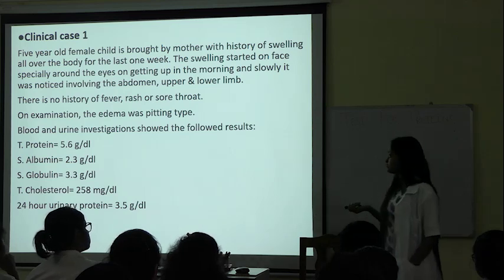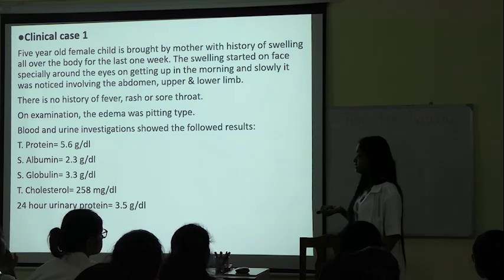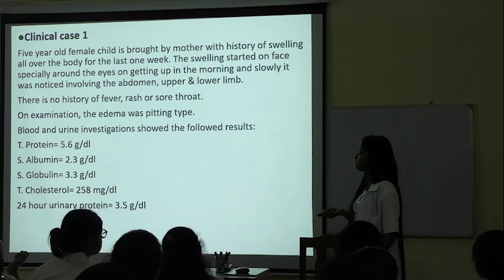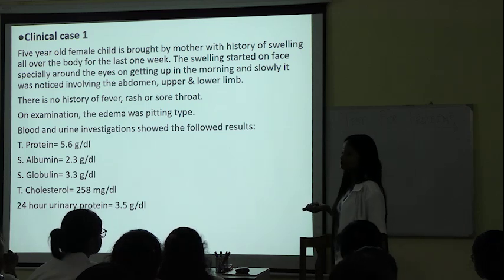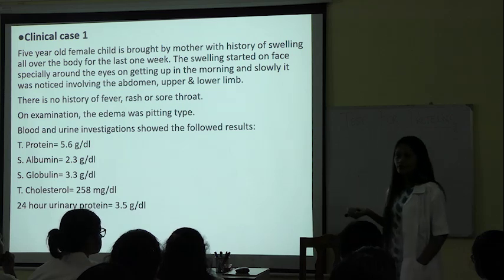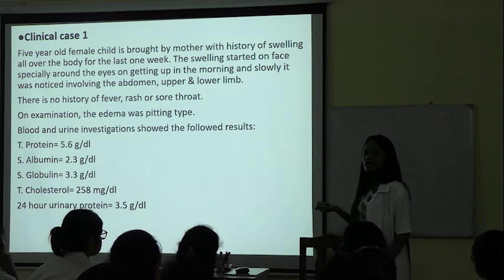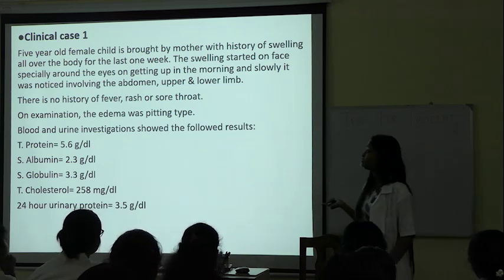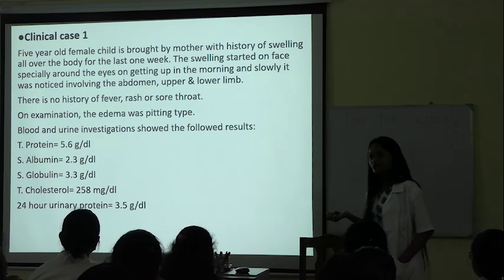In nephrotic syndrome, the albumin globulin ratio is altered, and the 24-hour urinary protein is 3.5 gram per deciliter. This is the main characteristic of nephrotic syndrome. In nephrotic syndrome, we can see proteinuria, hypoalbuminemia, hypercholesterolemia, and the urinary excretion in 24 hours is 3.5 gram per deciliter.